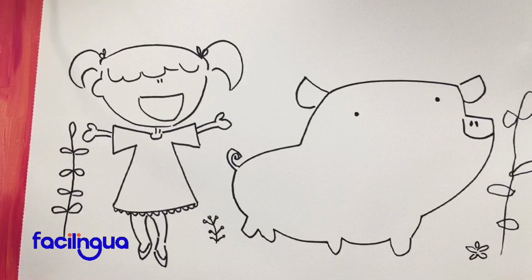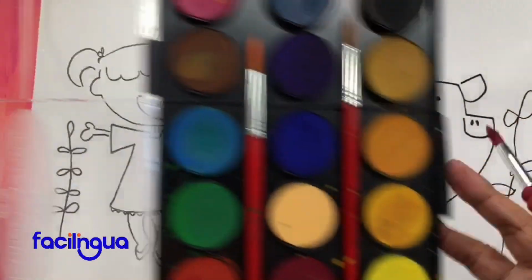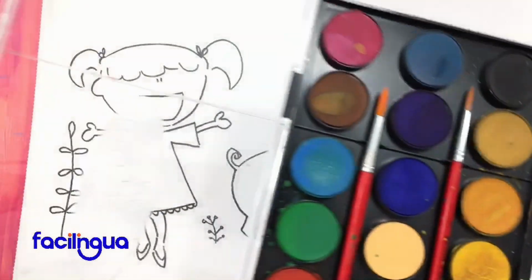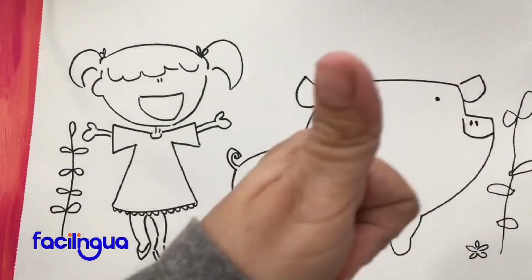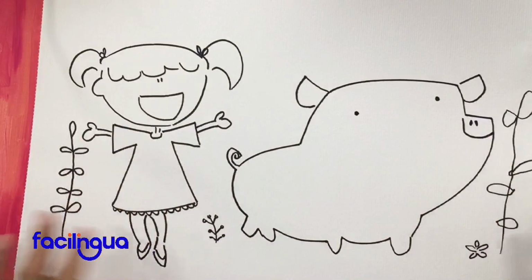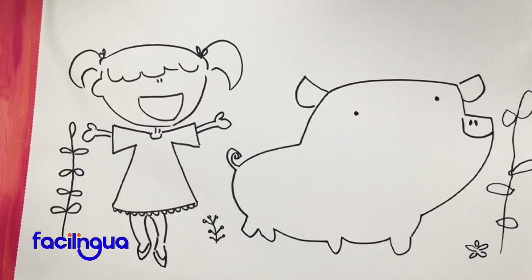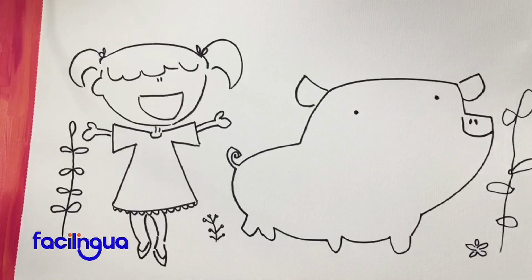Okay? So today I am going to select my watercolors, mis acuarelas. You can, puedes, color with anything, with markers, with colors, with crayons, anything that you have is possible.